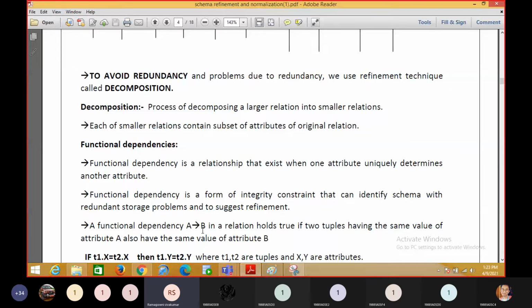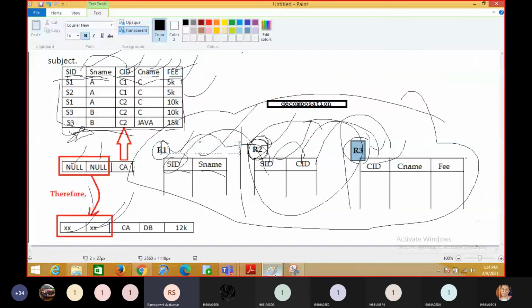So this B is depending on A. That means A determines the B value. If I give an A value, based on that A value, I can find the B value. So that means we have functional dependency. See one table here.